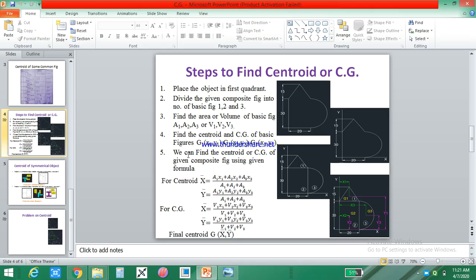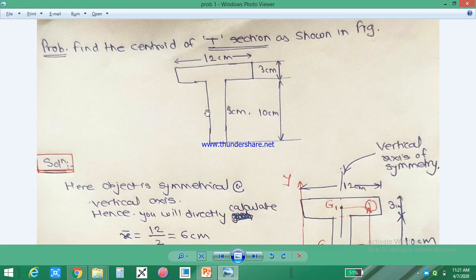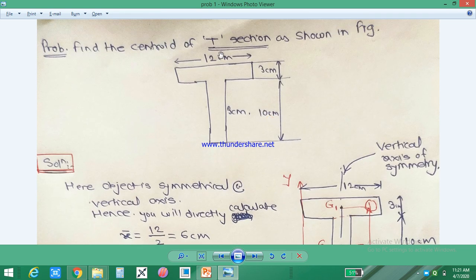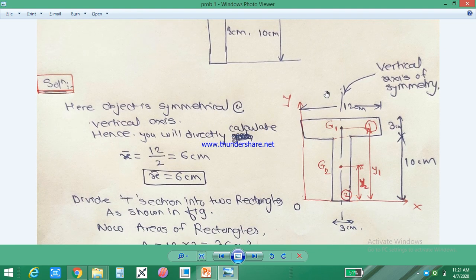We will simultaneously see the steps and solve the problem. This is the T section, which has dimensions 12, 3 and 10, and this width is also 3. You can easily observe that this object is symmetrical about this vertical axis. I have drawn this axis of symmetry.